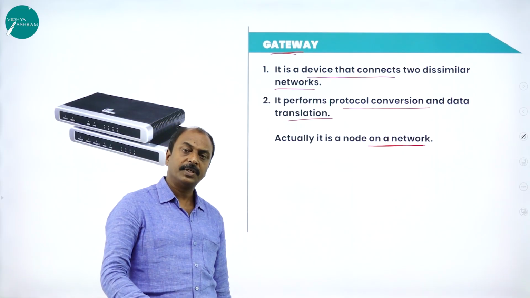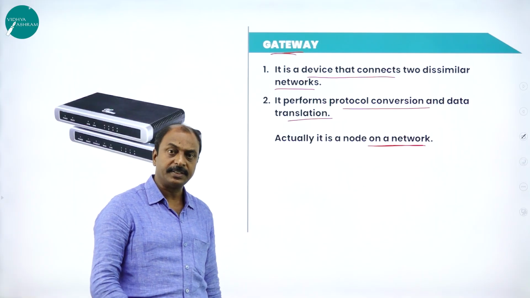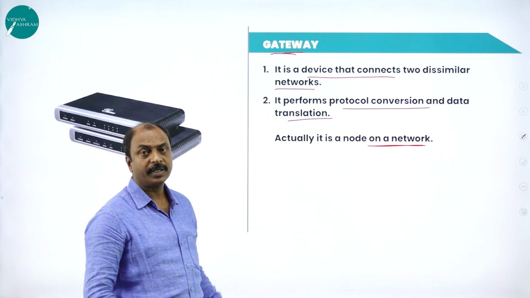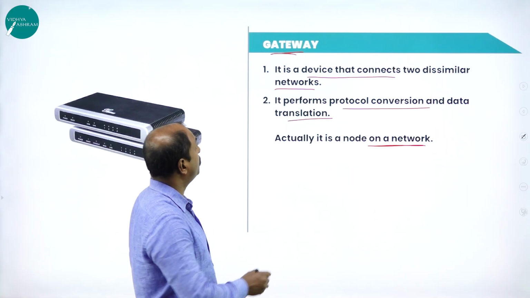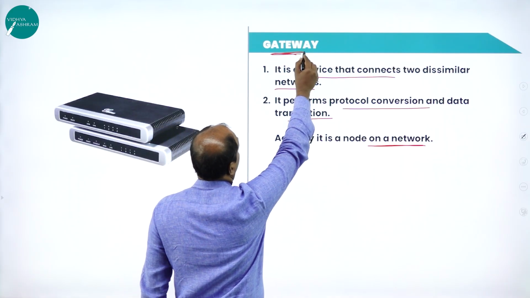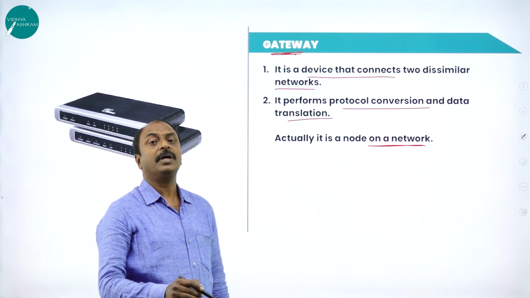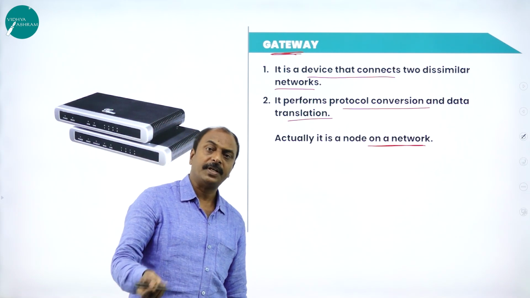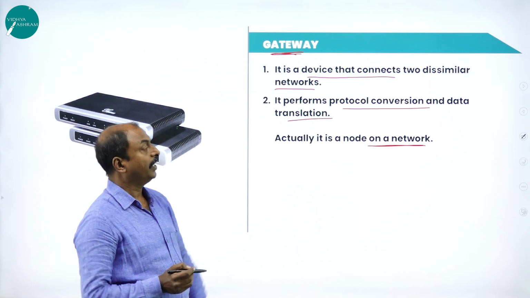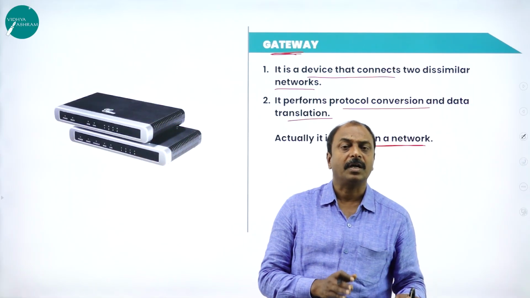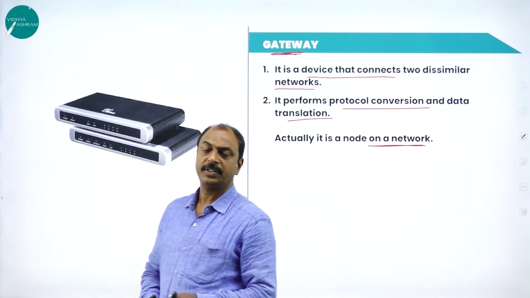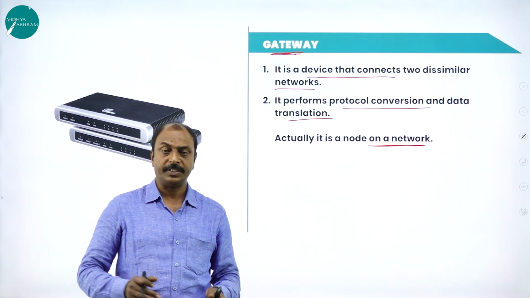If the network address or the destination address is not within the network, then the particular data or signal is going to transfer to another network of maybe a different company through this gateway. So the gateway acts as an entry point or exit point for any network or organization.